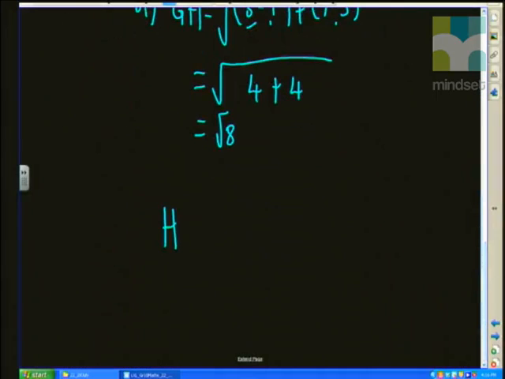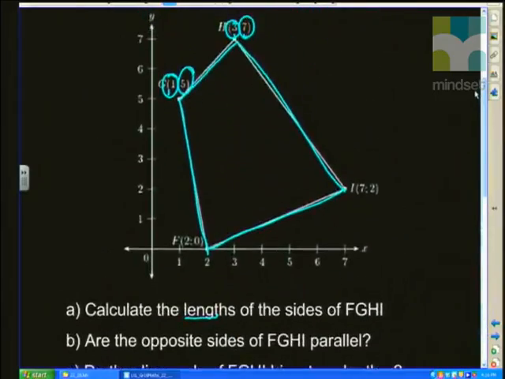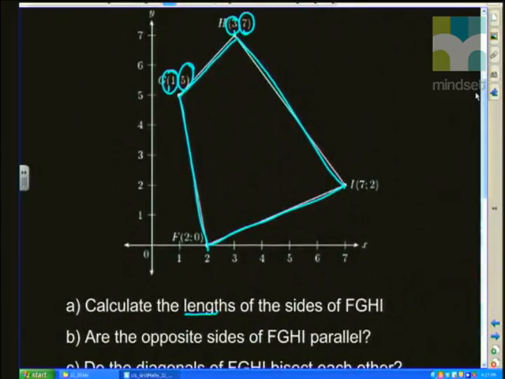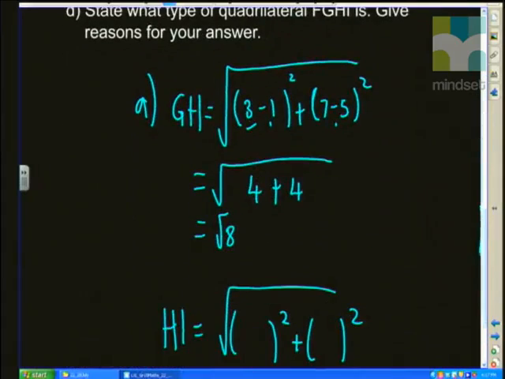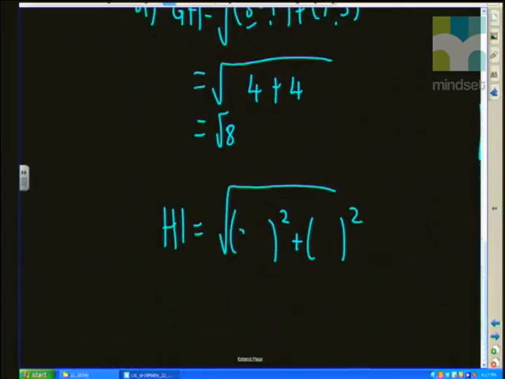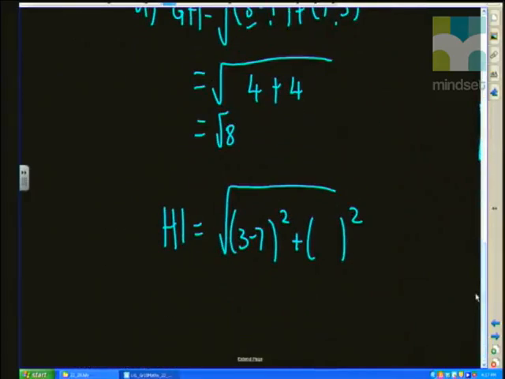That's going to be equal to, and I'm just going to write it straight into the formula now without going through the whole step of the x-coordinates at H minus the x-coordinates at I. So here we're going to get 3 minus 7 squared plus 7 minus 2 squared.